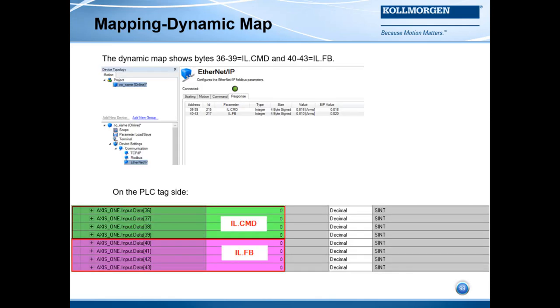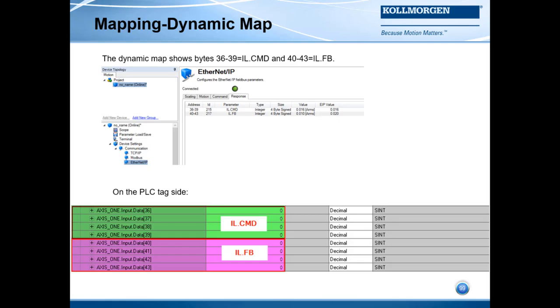From the response tab in the screenshot below, the dynamic map shows bytes 36 through 39 is equal to the il.cmd, and 40 through 43 is equivalent to the data of the il.fb.